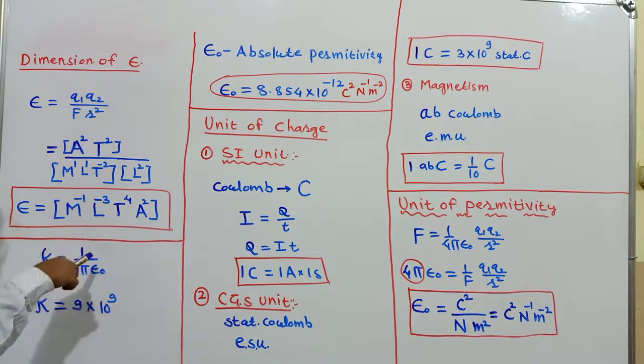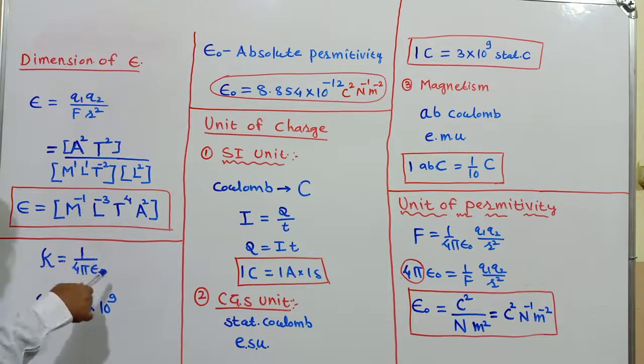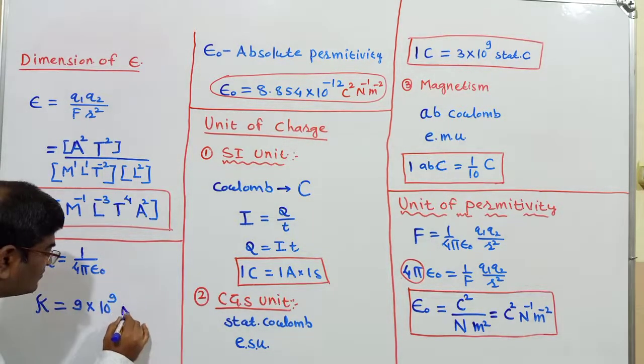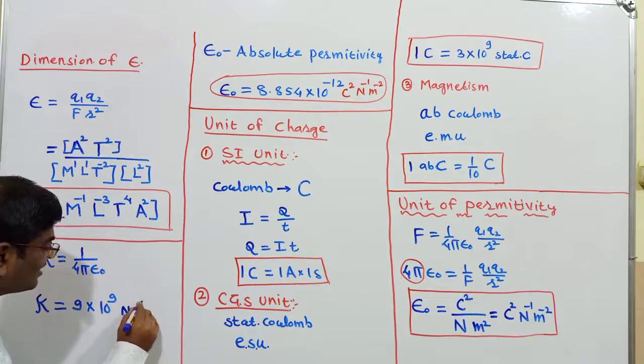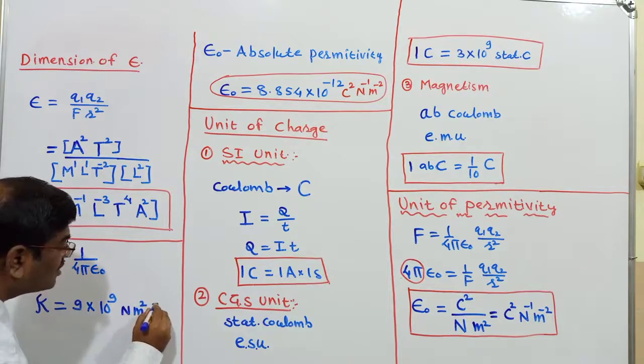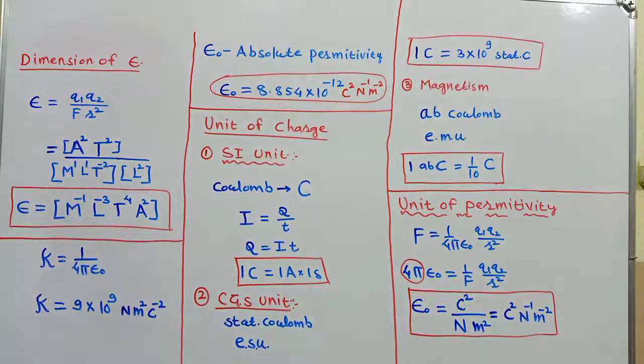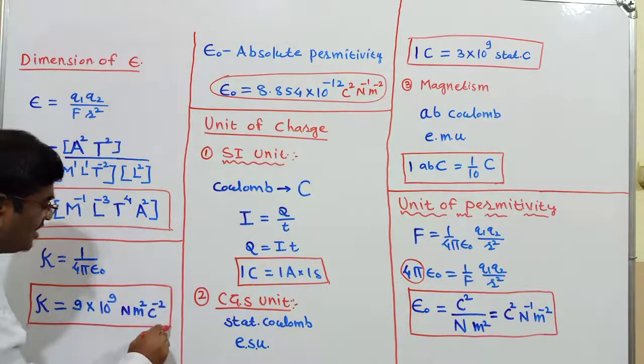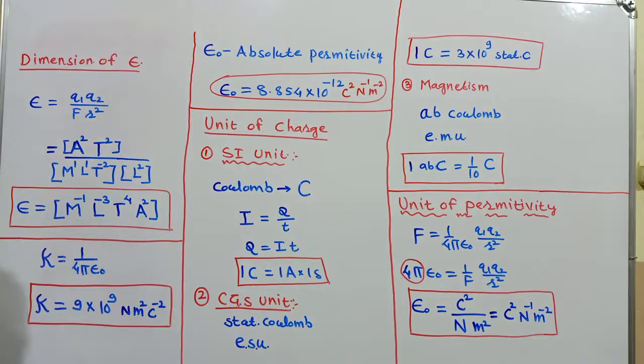That should go up, because K equal to the reciprocal of permittivity as far as unit is concerned. So I can write then Newton meter square per Coulomb square. So the value of Coulomb constant I have got is 9 into 10 to the power 9 Newton meter square per Coulomb square.